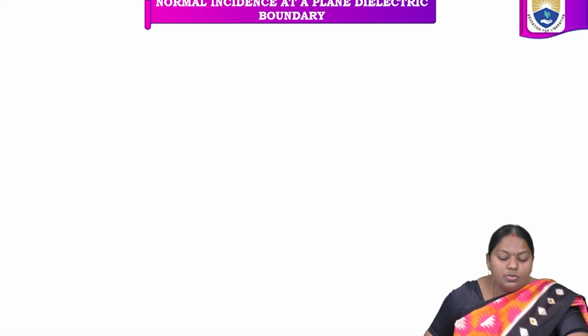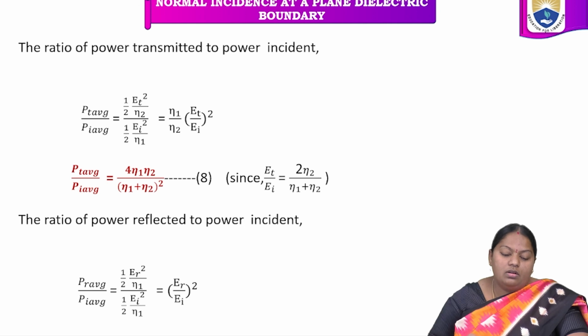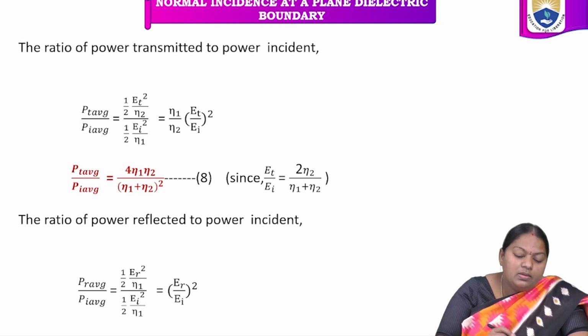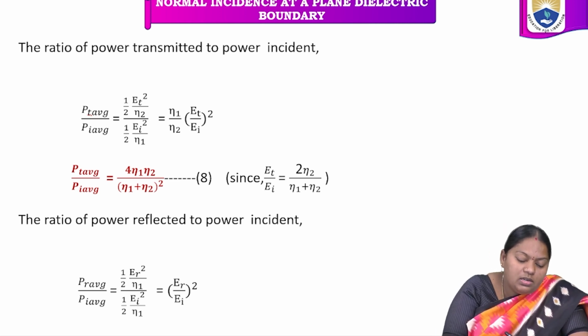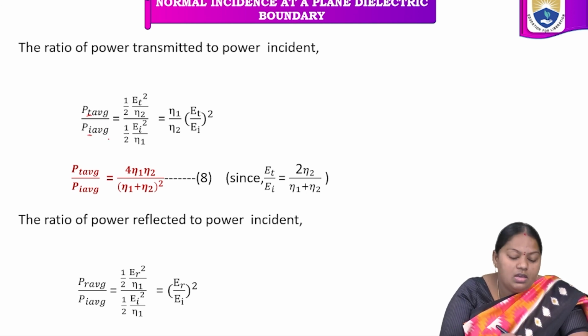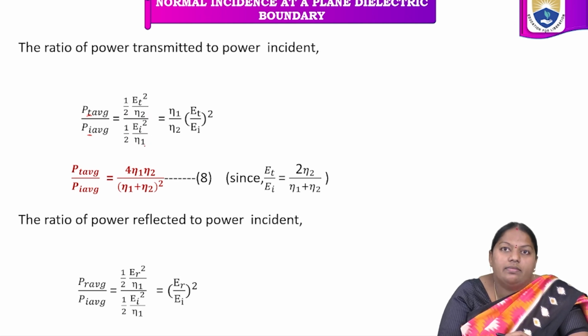Right? Depending upon these three relations, we are going to consider the ratio of the power transmitted to the power incident. Hence it is the power transmitted, Pt average, to the incident, Pi average, equal to 1 by 2 into Et square by eta 2 over 1 by 2 into Ei square by eta 1.